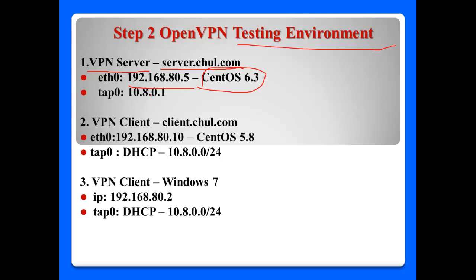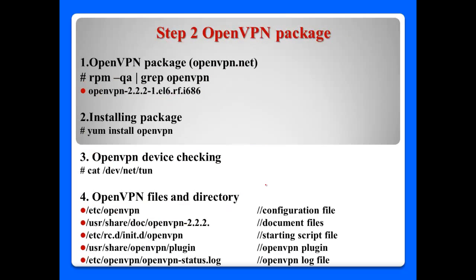If we are successful in configuring the VPN service for this server, then it will have this IP address, and the interface will be tap0. The VPN client CentOS 5.8 will have this IP address, and tap0 will get the IP address using DHCP from this range of network mask. And number 3, the VPN client Windows 7 will also have this IP address, and will also get this IP address using DHCP.